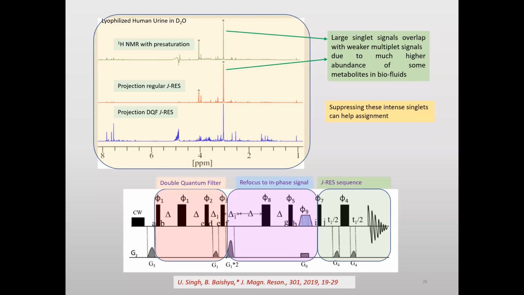The intensity of these singlet signals is drastically reduced, and you can see the low intensity multiplets on either side of the spectrum are very much visible. So this is the pulse sequence at the bottom, and the Z result sequence is basically preceded by a double quantum filter. Next.